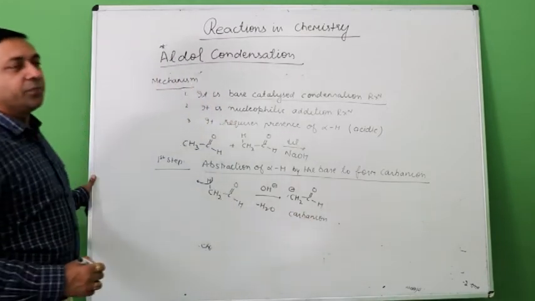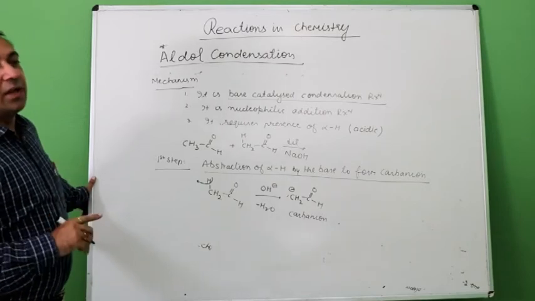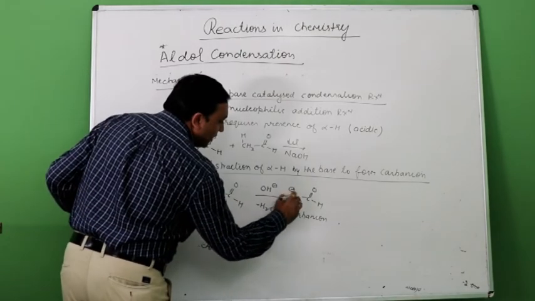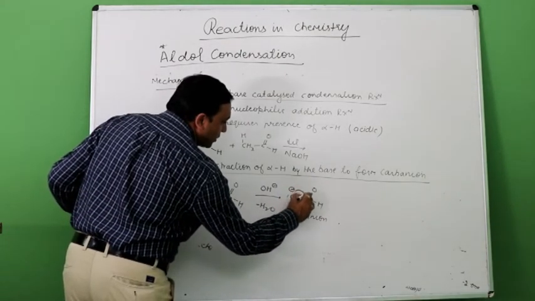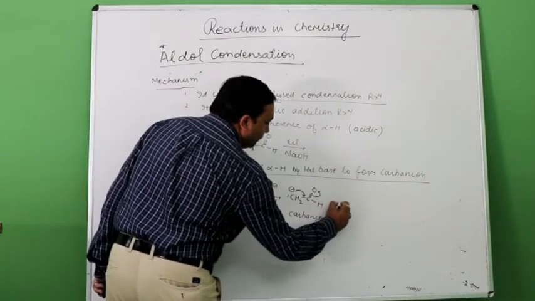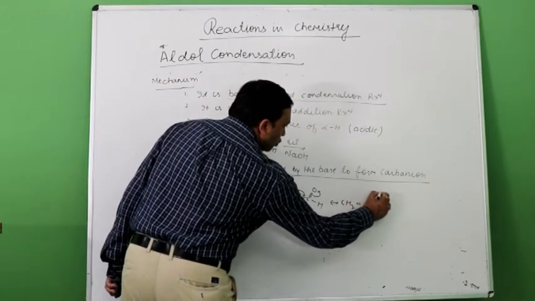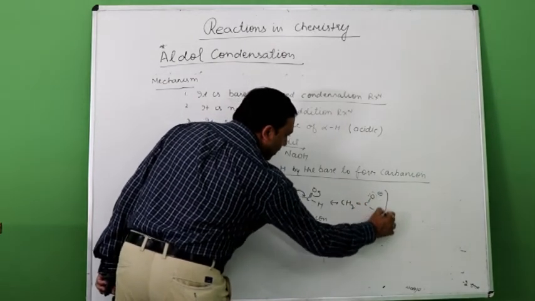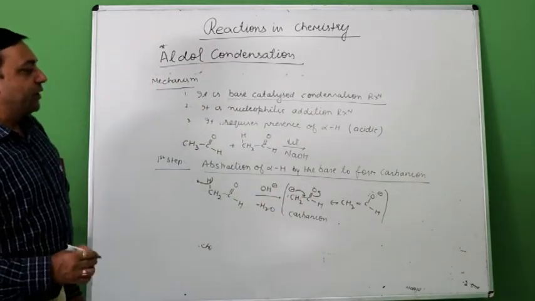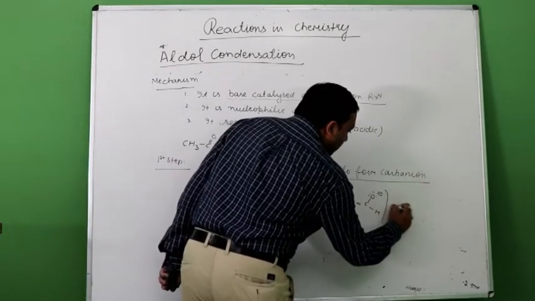This nucleophile will attack in the second step the other molecule of carbonyl compound. Therefore there occurs nucleophilic addition. This is a tetrahedral transition state. Now it will gain a proton from the solvent to form the product, and this product is beta hydroxyaldehyde.